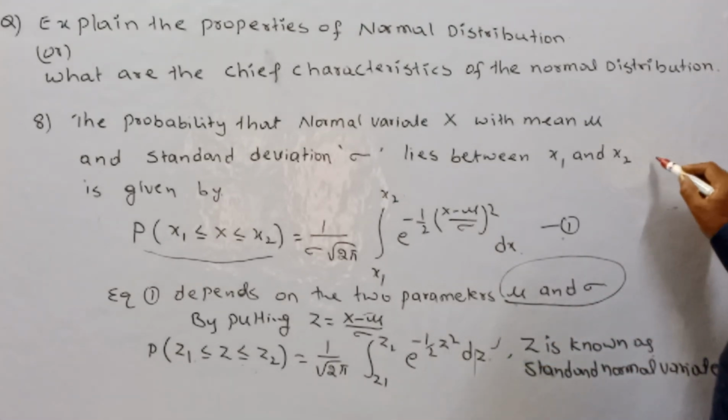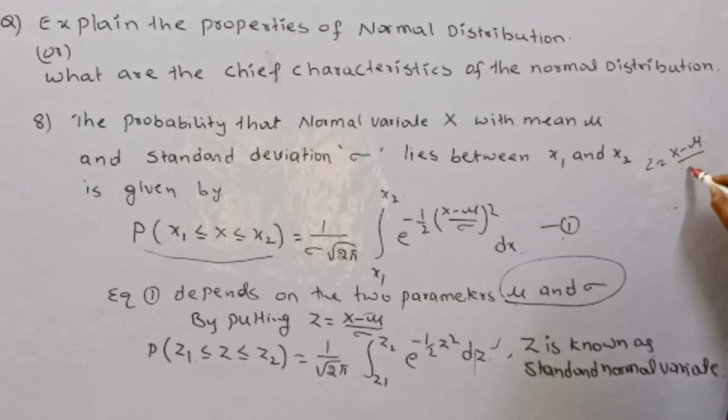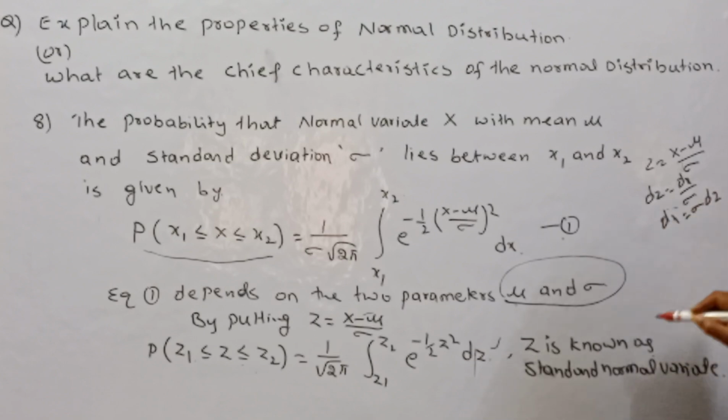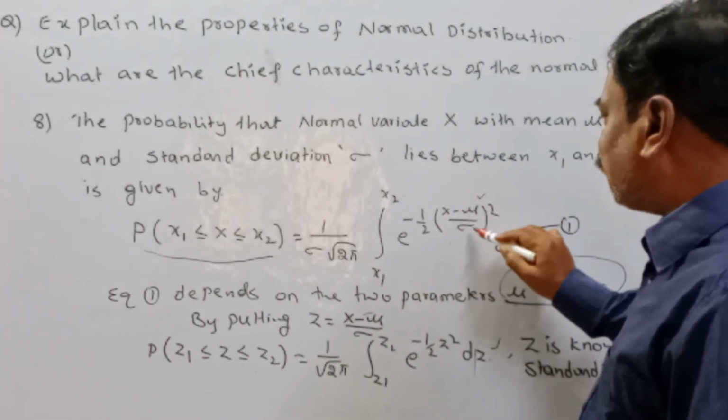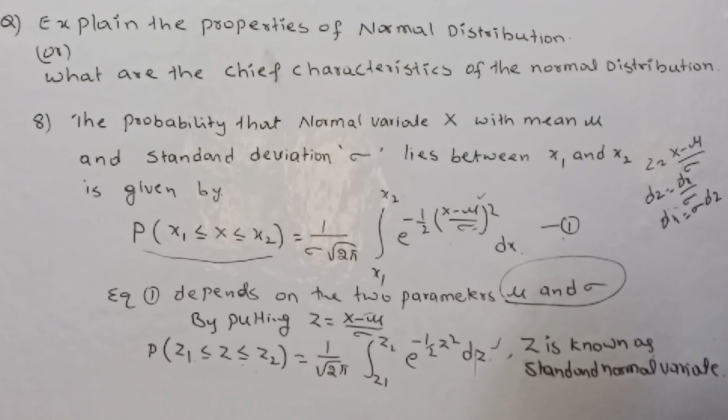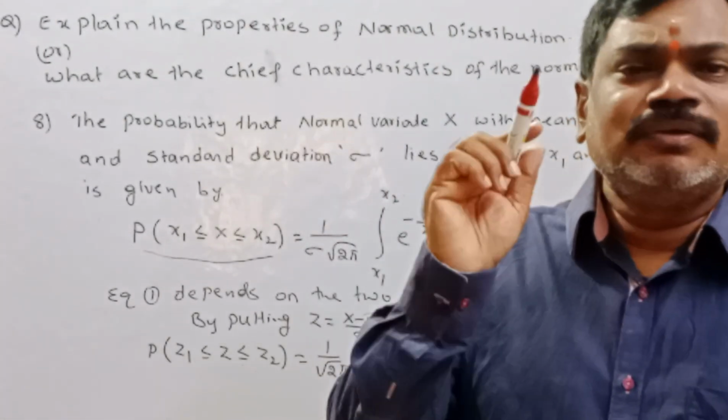Here z equals x minus mu by sigma, so dz equals dx by sigma, dx equals sigma into dz, and sigma gets cancelled out. The remaining function is independent of mu and sigma. Here z is known as the standard normal variate.